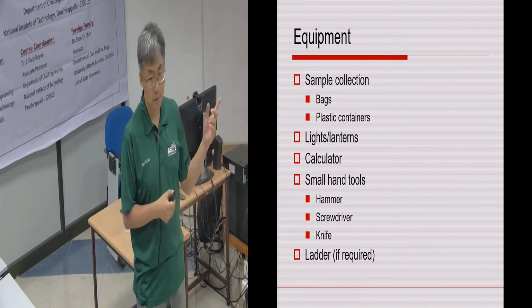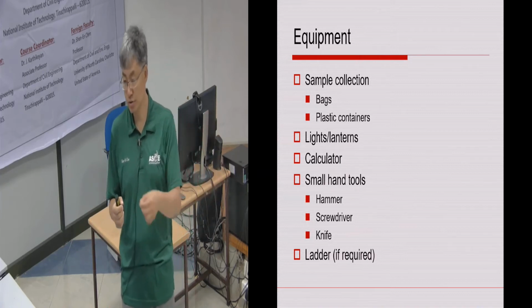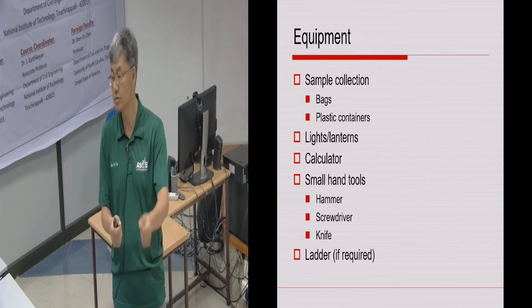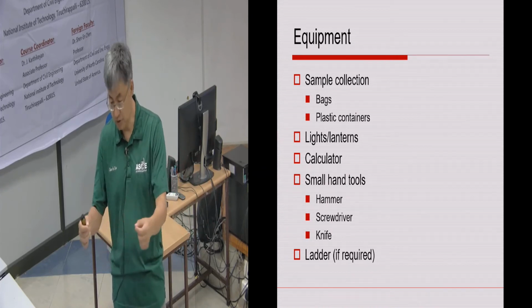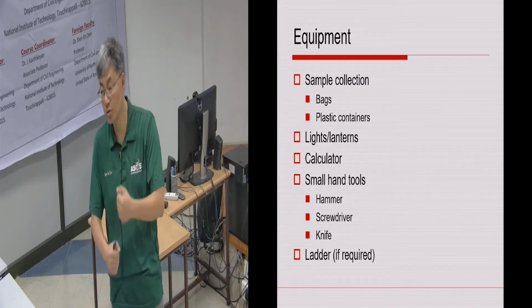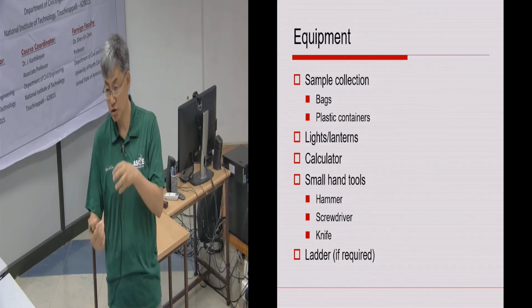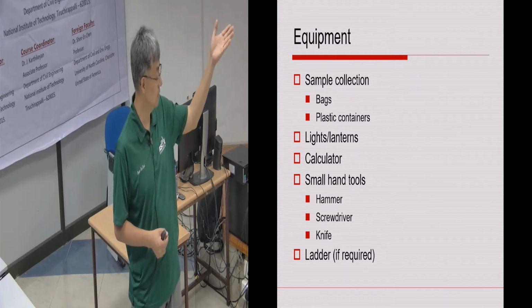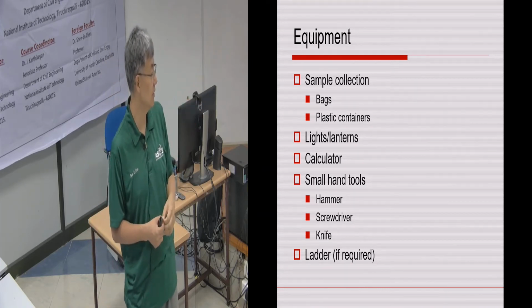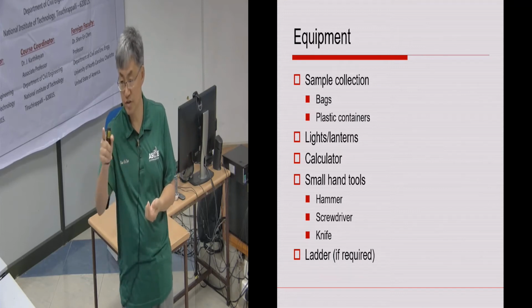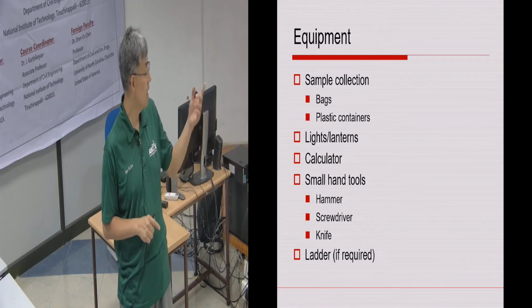Plastic bags are very important so you can collect evidence, especially for geotech. You want soil samples, so put them in a plastic bag. They will be disturbed soil, of course, unless you bring your own soil sampler, like Shelby tubes or something. And as we already talked about, lights and lanterns. Some basic calculators, so you can measure distance or do conversions.